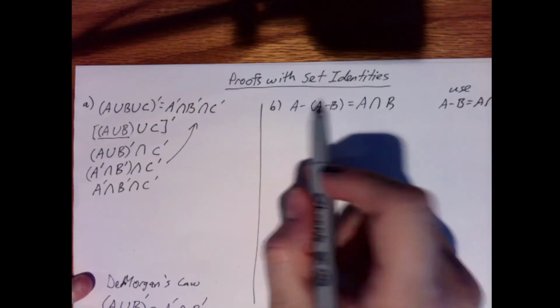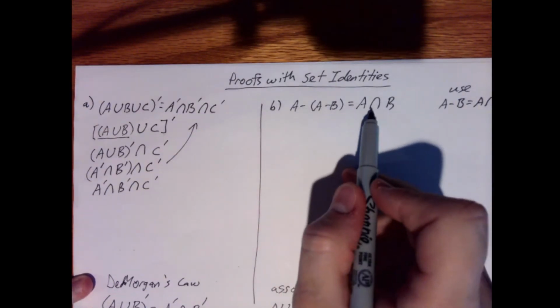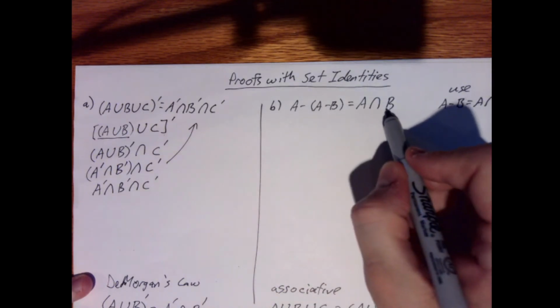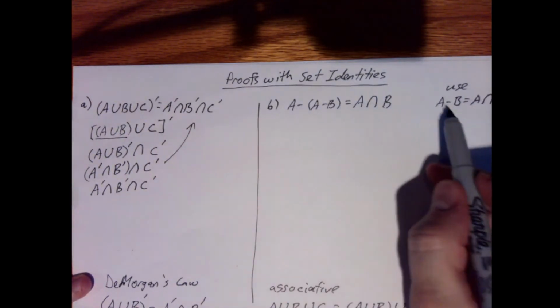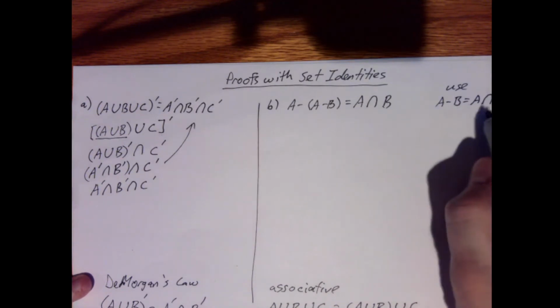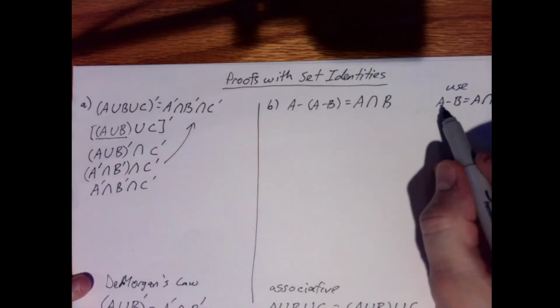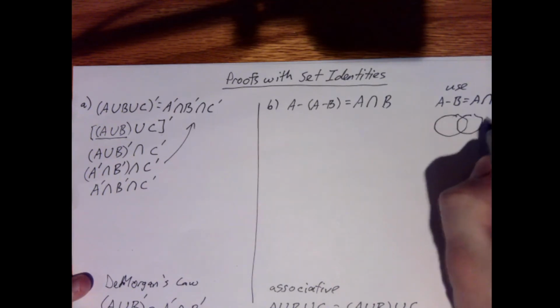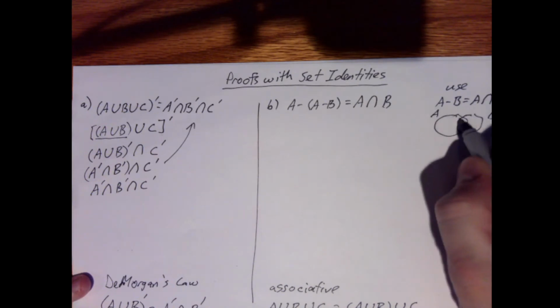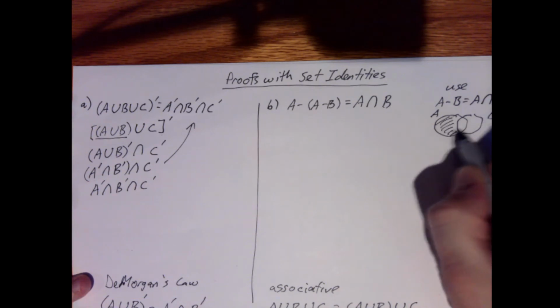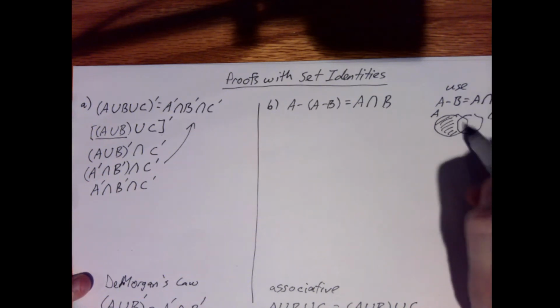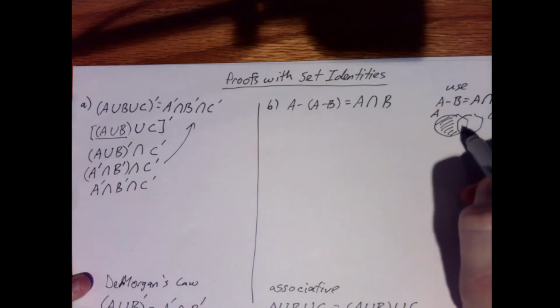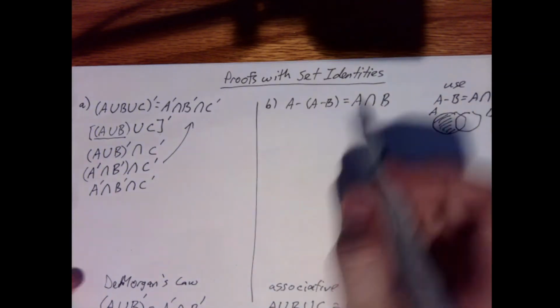All right. Now let's look at this one. A minus B is equal to the intersection of A and B. Now recall that the difference between sets, A minus B, can be written as the intersection of A and not B. And recall that A minus B, if we draw a Venn diagram here, this is B, this is A, we subtract out this part over here, so we're left with this part of A. That is, we remove the intersection of A with B from A. All right.